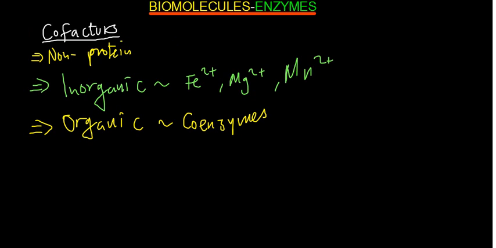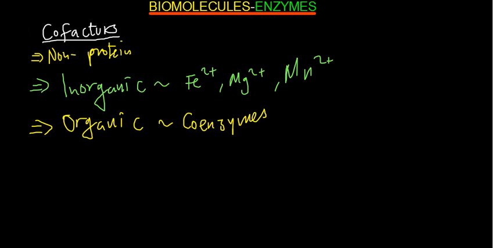All right, so now let's understand a bit about these organic cofactors, which we are calling coenzymes. Coenzymes are basically small organic molecules that can be loosely or tightly bound to an enzyme. Tightly bound coenzymes are called prosthetic groups.